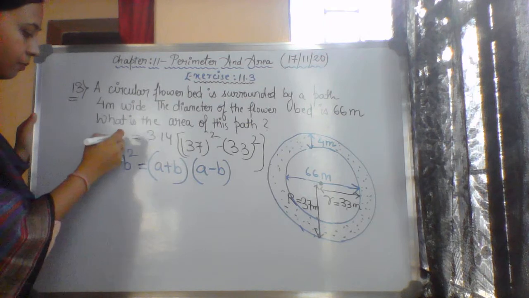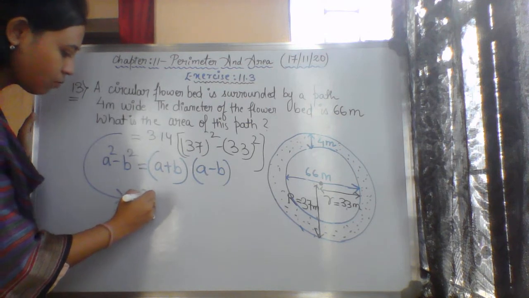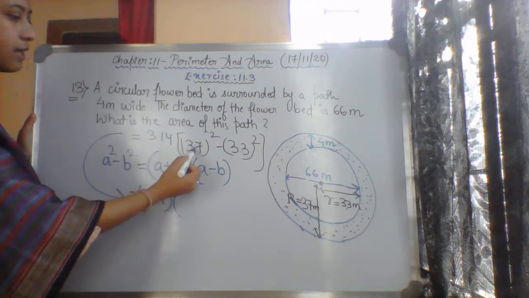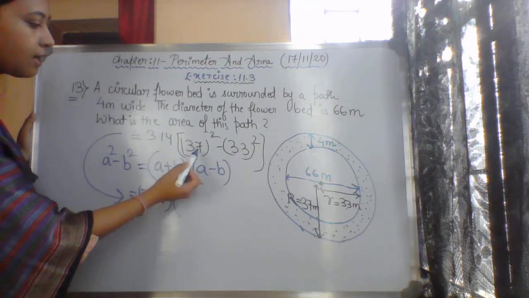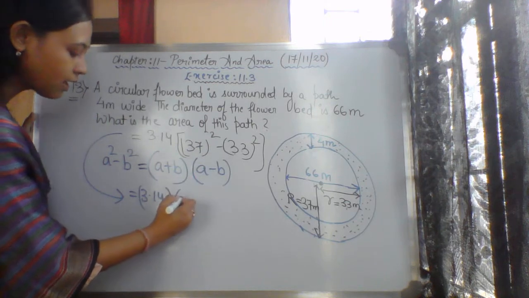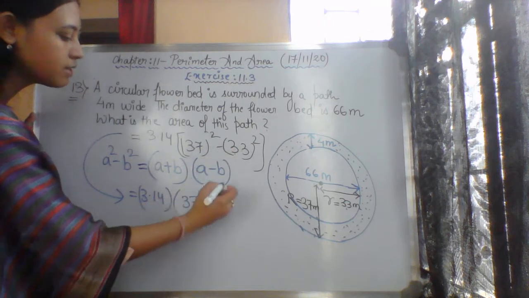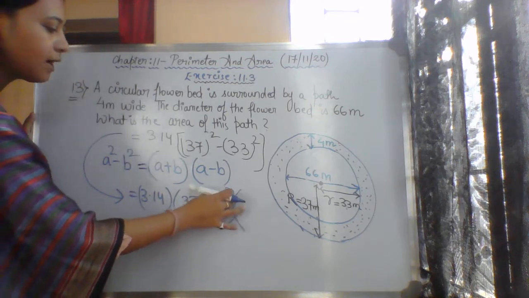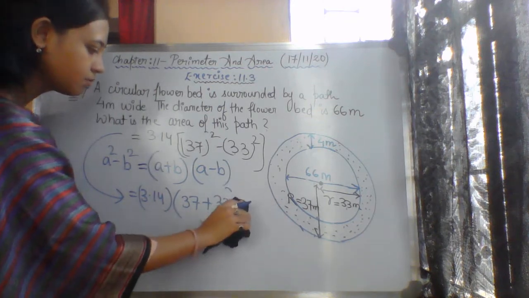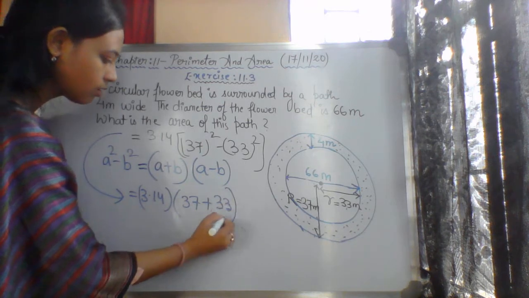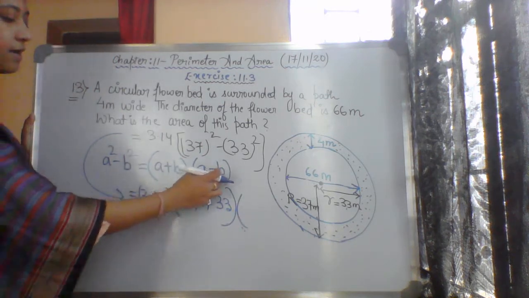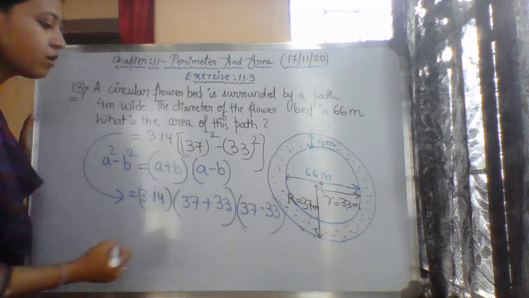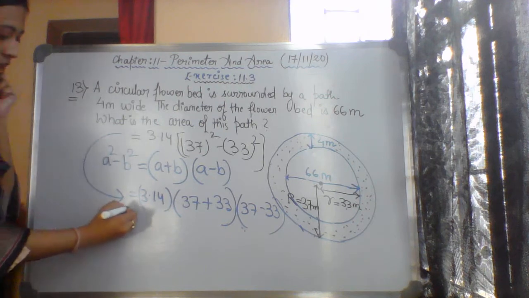So this can be written as 3.14 multiplied by a plus b first, so a is 37 plus b is 33, again multiplied by a minus b, so a is 37 minus b, b is 33. It will make your calculation easy. You see how?